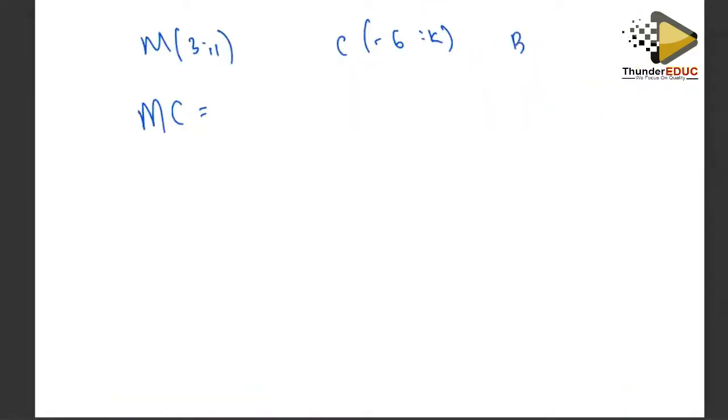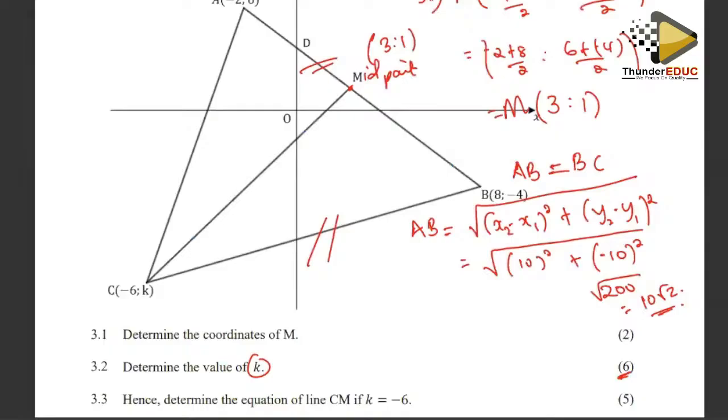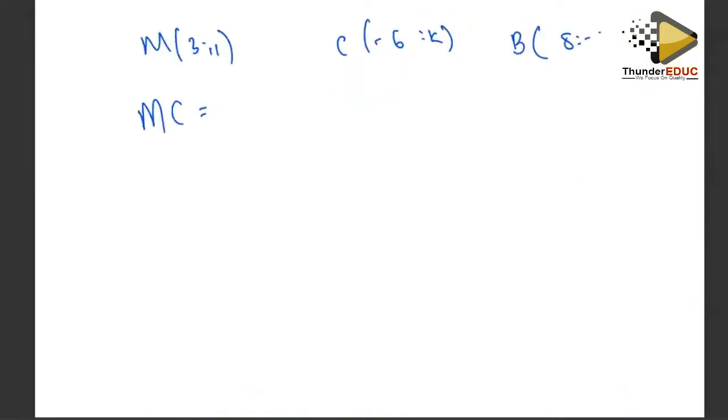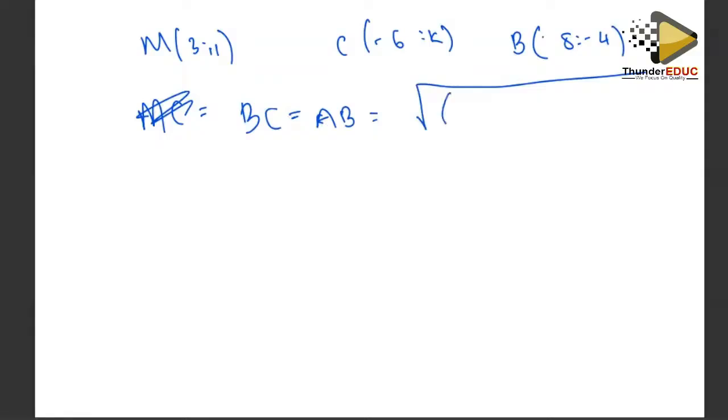What's our B? It's 8, -4. So BC, which is the same as AB, should be the same as 8 minus -6 squared plus -4 minus K squared. You can arrange it in whichever way you find convenient. And then we said we're going to equate this to 10 square root of 2. Let's open up there. You're going to have 8 and 6, which is a 14.